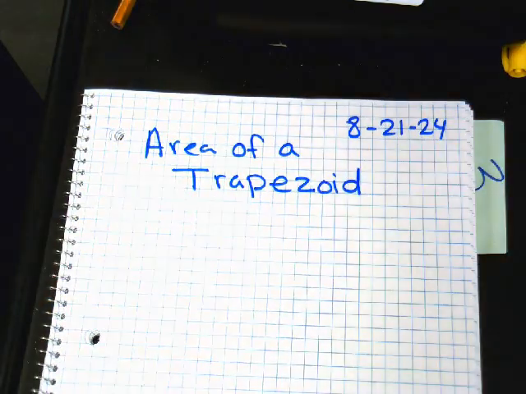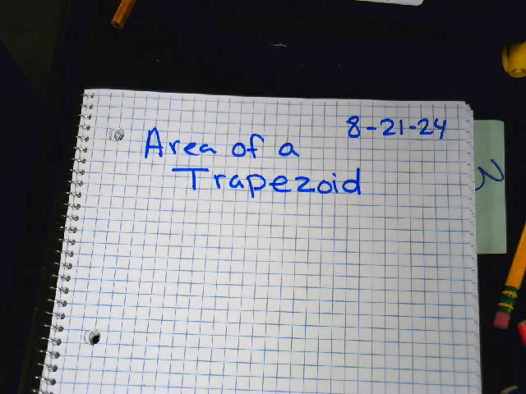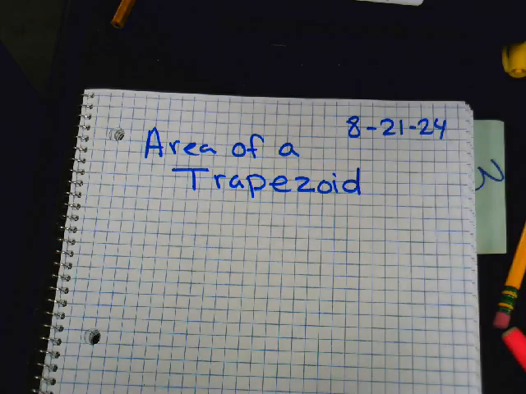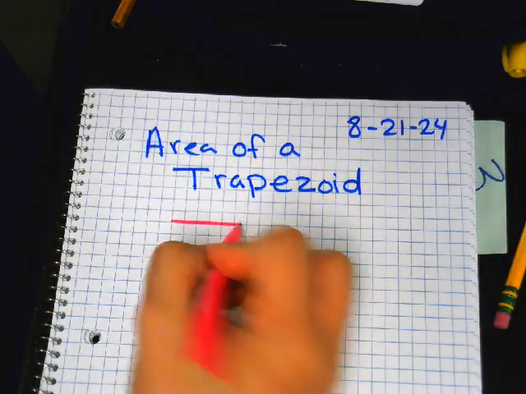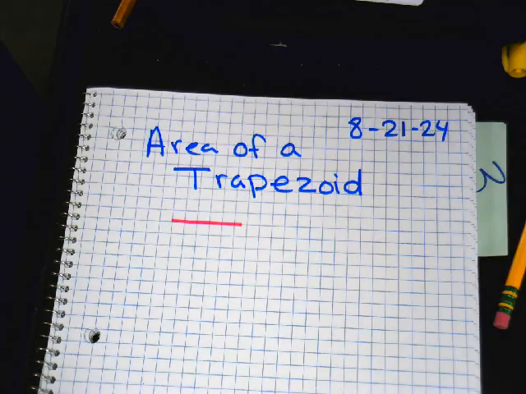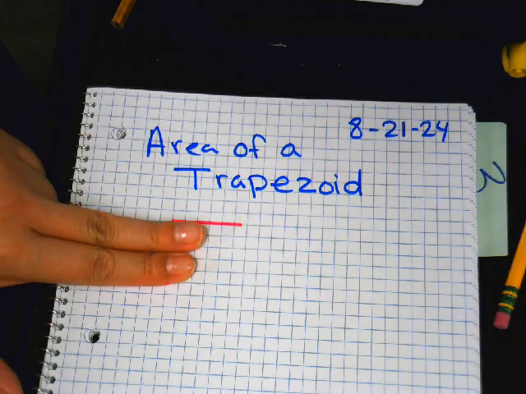Area of a trapezoid. We started learning about it 2 minutes ago. Some of you learned it in 6th grade. We're going to draw our first trapezoid together. Here's how we do it. You draw a pretty short line. Then I skip about 2 fingers, and I draw the bottom line a lot longer.